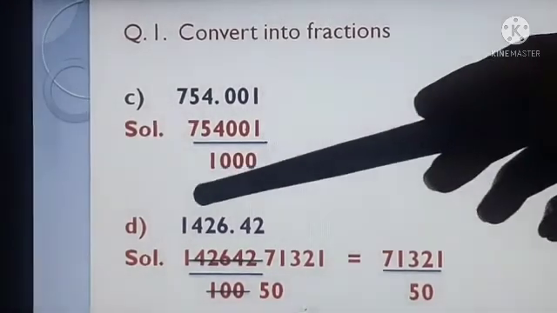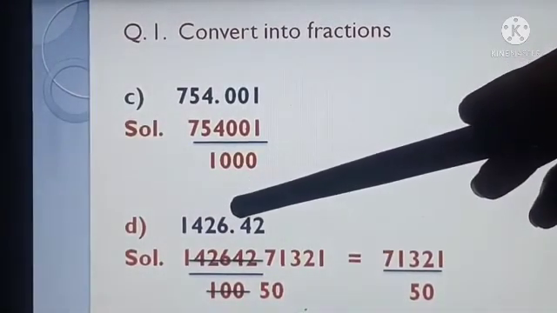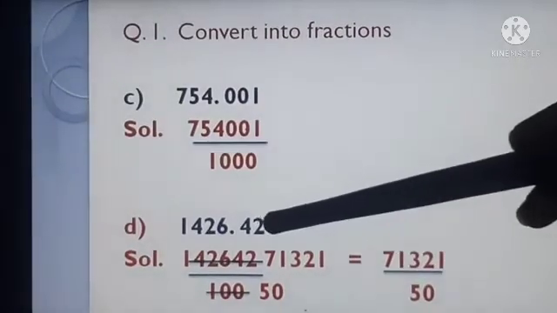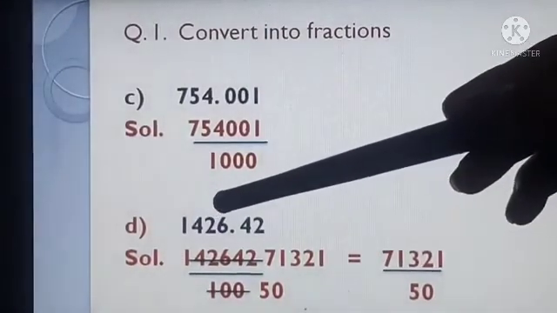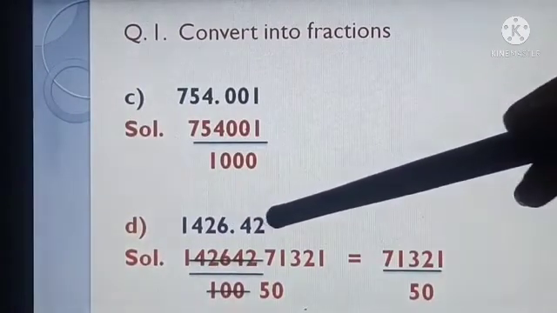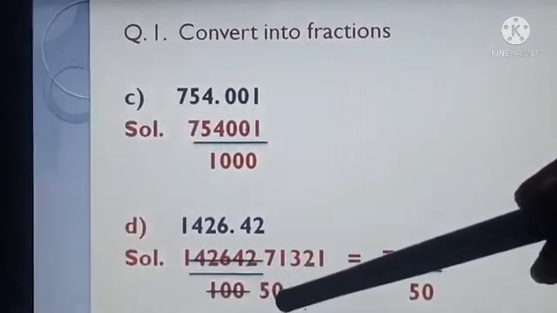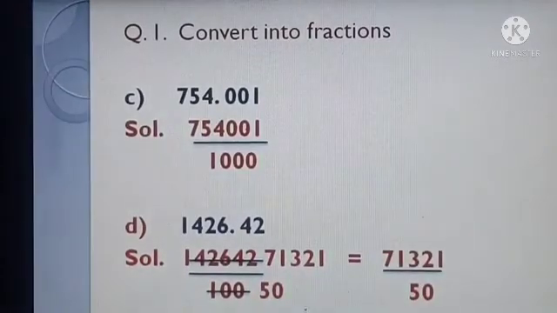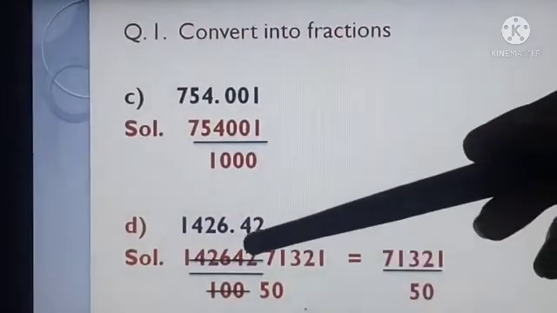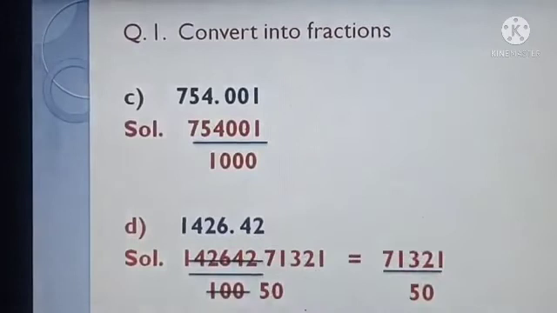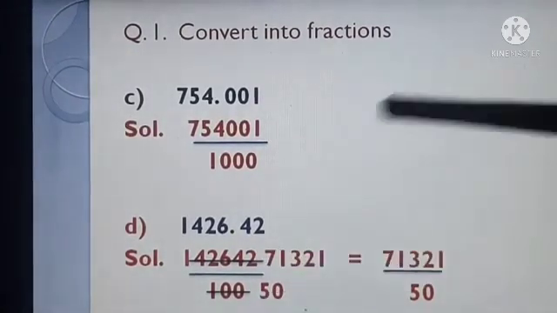D part: 1426.42. To write it in the form of a fraction, 1426.42 will become 142642 upon 100. So the fraction is 1,42,642 upon 100. Again cancellation is possible with 2.